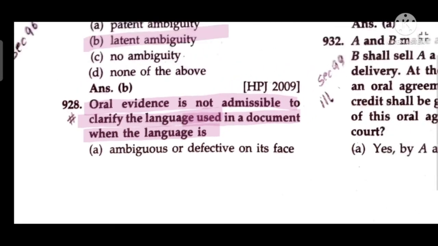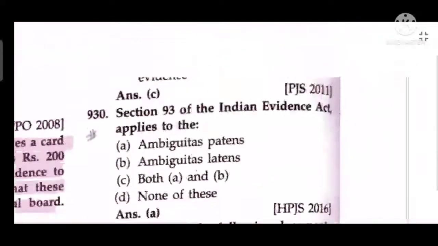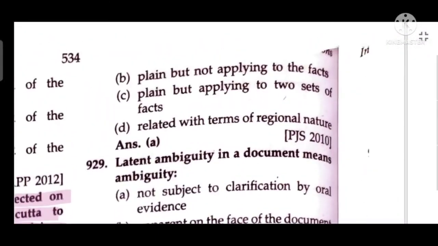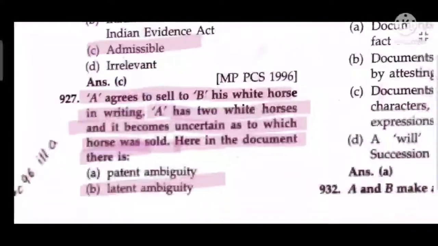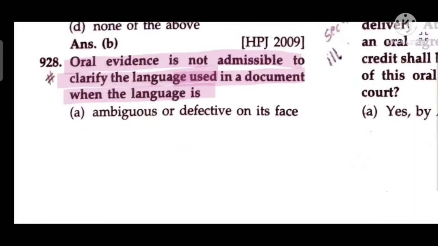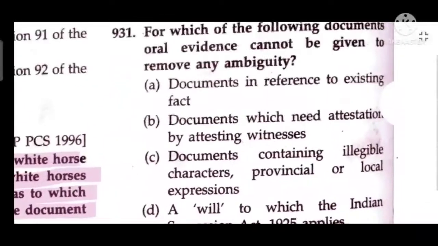When the language is ambiguous or defective on its face.